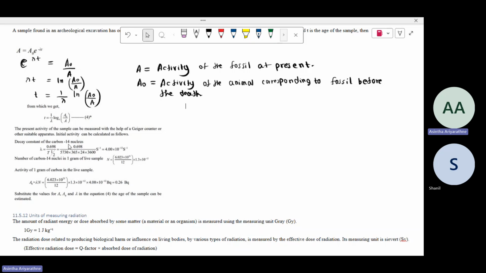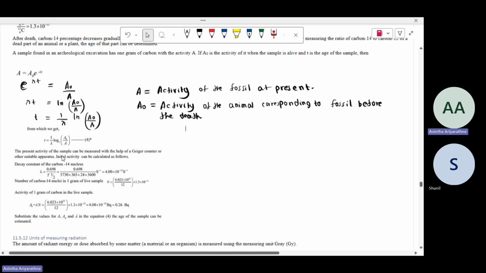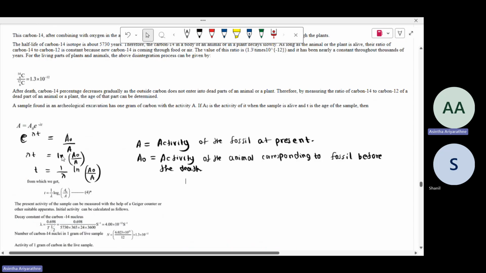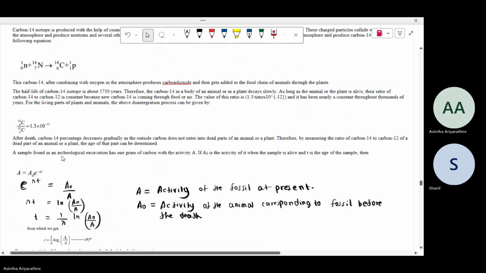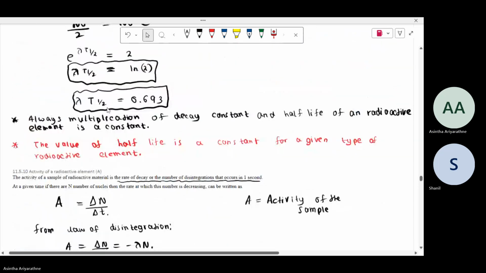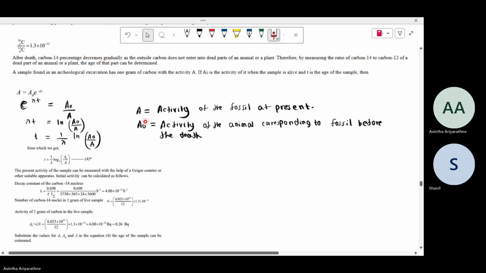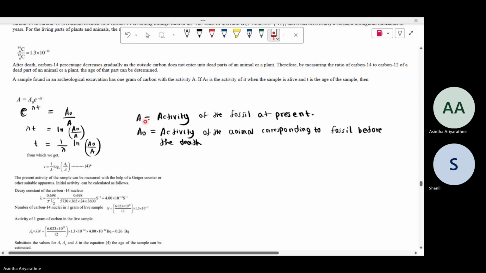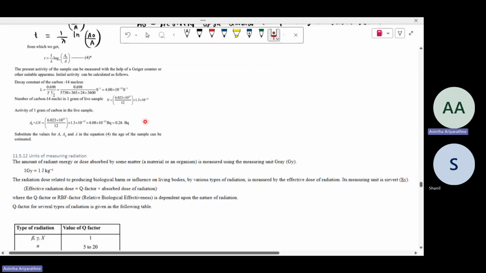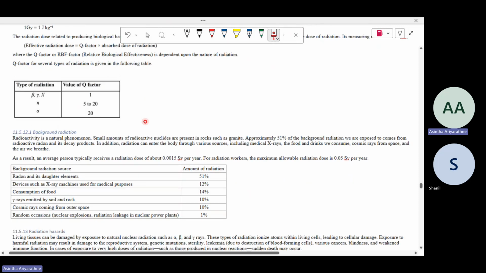So we have lambda times T half, from this expression. Lambda into the half-life is equal to ln2.